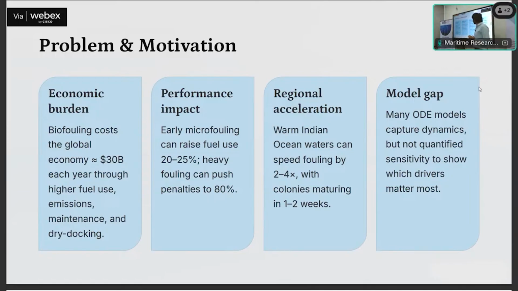Another thing is Indian Ocean waters have not been studied that much, and the biofouling rate is around 2 to 4 times compared to international waters. So it's important to study the Indian Ocean region particularly. And there's also a model gap, where not many differential equation models have been made, and they haven't quite gone into this part of the literature.